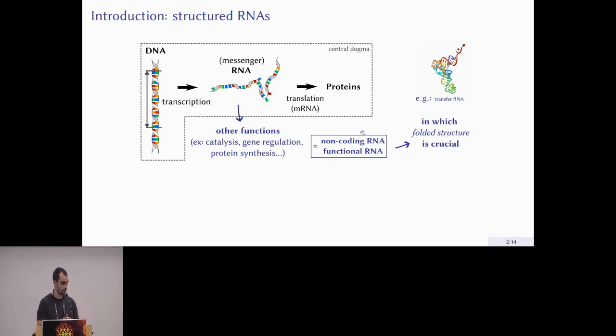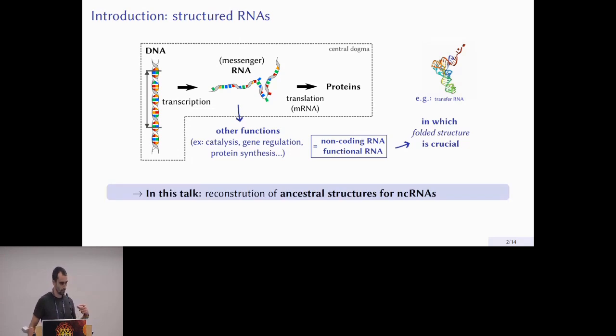And for these functional RNAs, the folded structure they adopt in space is crucial to their function, a bit like proteins. And it's these folded structures for non-coding RNAs that we're trying to reconstruct ancestral versions of.